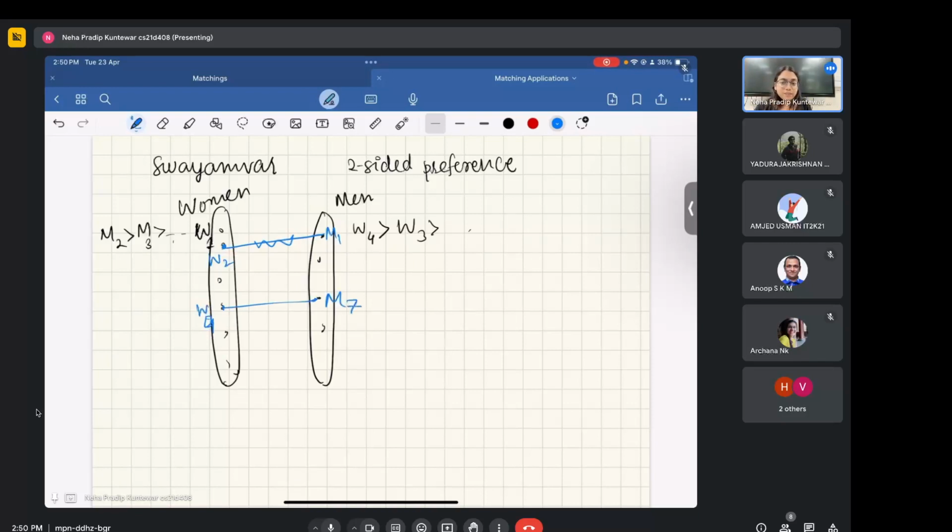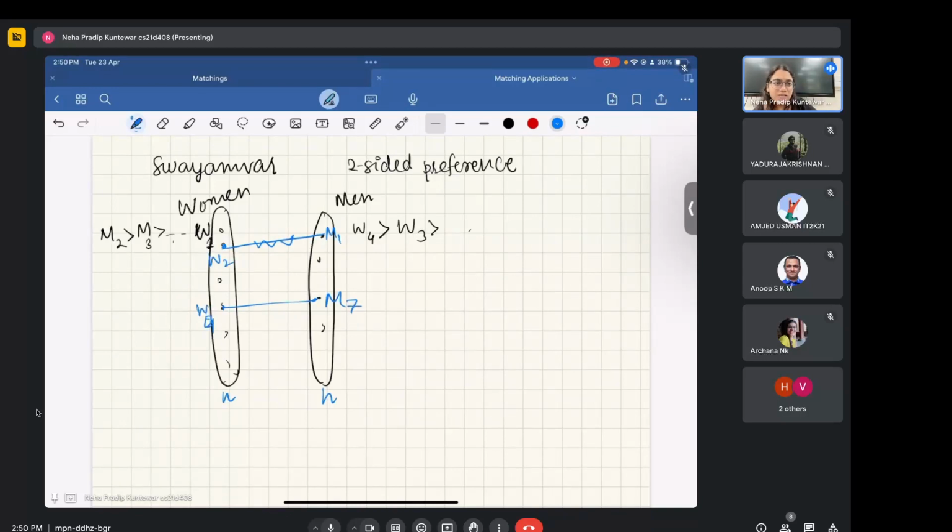Furthermore, let's assume that there are exactly n women and n men, so there's no question of somebody remaining single. So we want to marry each woman to some man and the other way around. But we want to take care of the preferences.